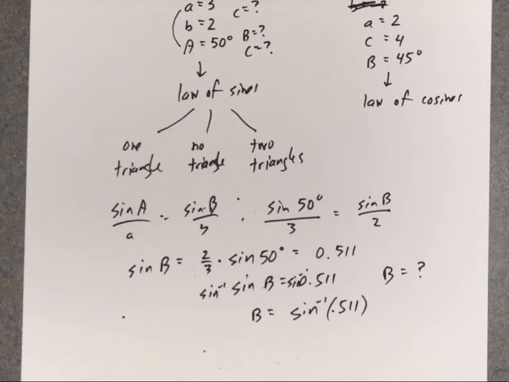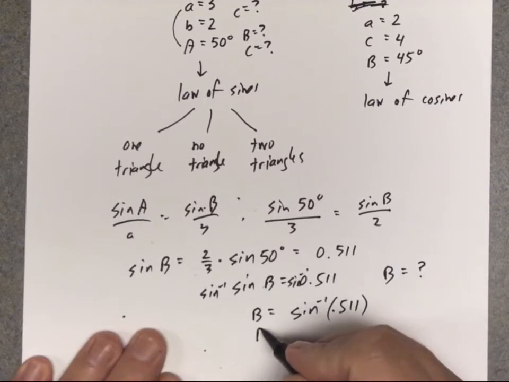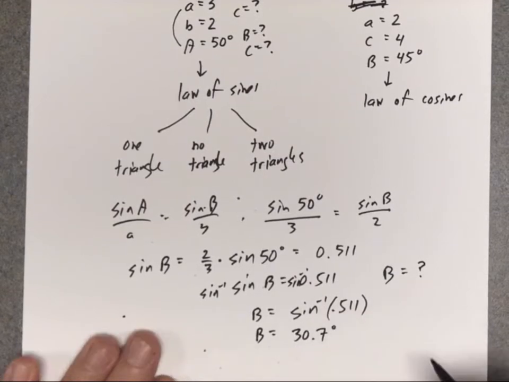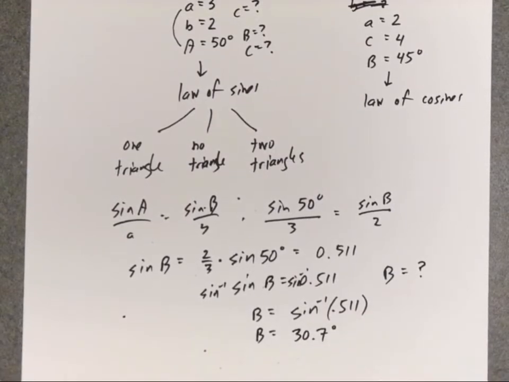You have a key on your calculator that's inverse sine. Make sure it's in degrees. I'm going to round this to 1 decimal. I've now determined that angle B is 30.7 degrees.